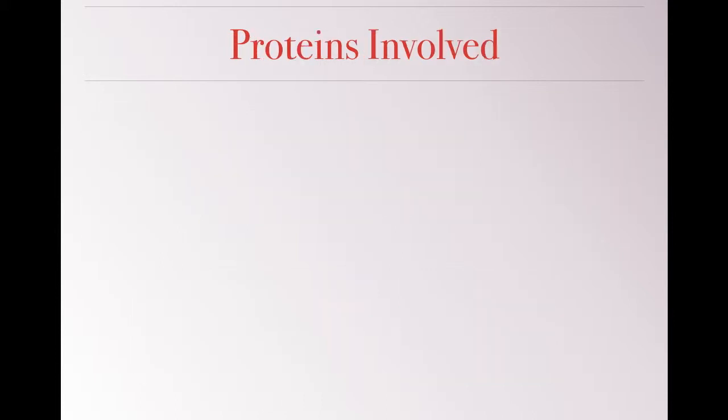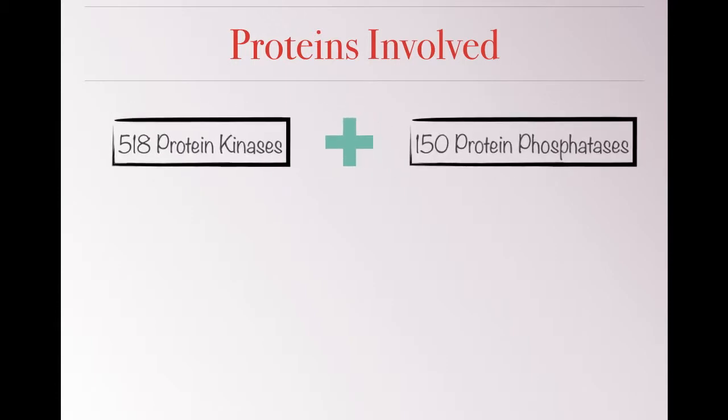In the human genome, there are 518 protein kinases and about 150 protein phosphatases that regulate phosphorylation networks and control biological processes such as proliferation, differentiation, and apoptosis.